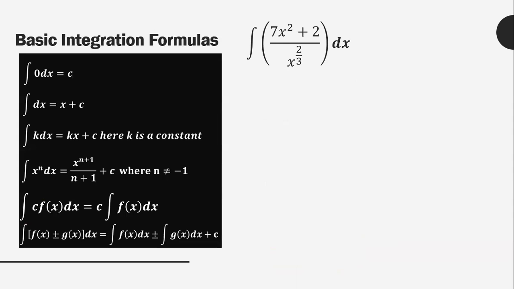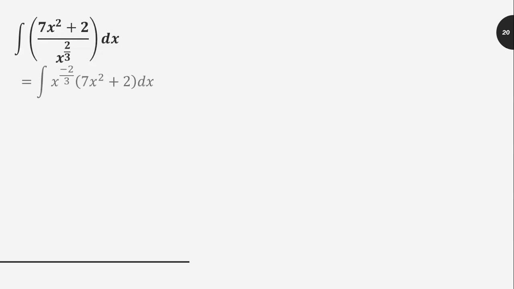Let's have this problem. We have 7x squared plus 2 over x raised to negative 3. So what we're going to do here is we put x raised to 2/3 above so that it will be aligned with dx. So it becomes this one. Next, we distribute. Okay, so that becomes this one.